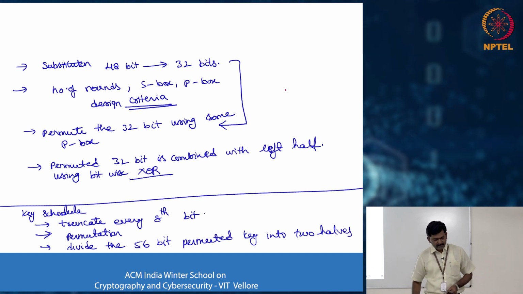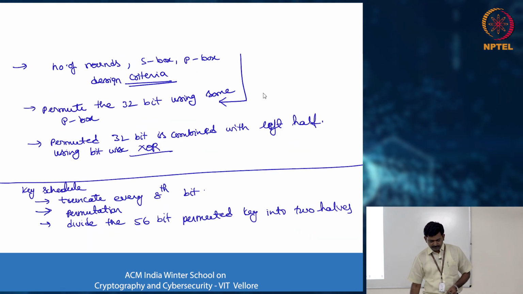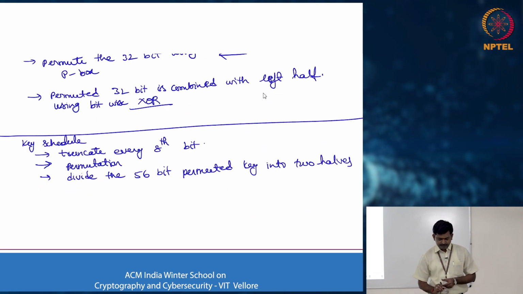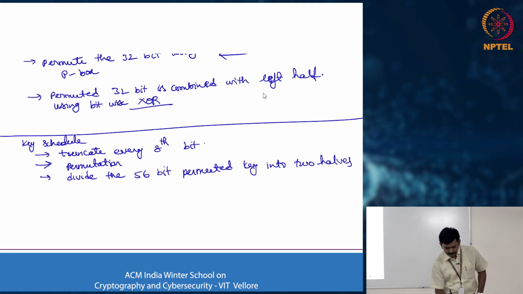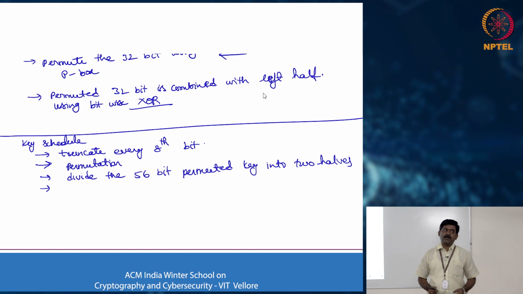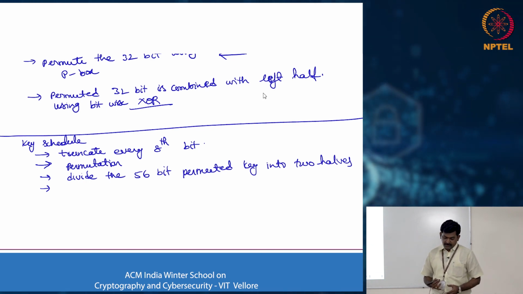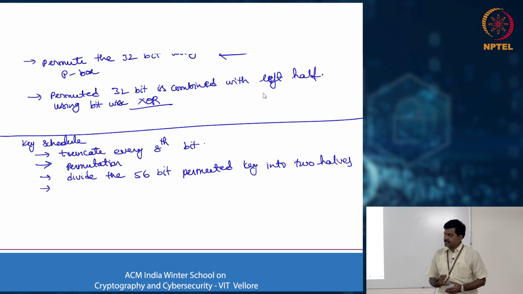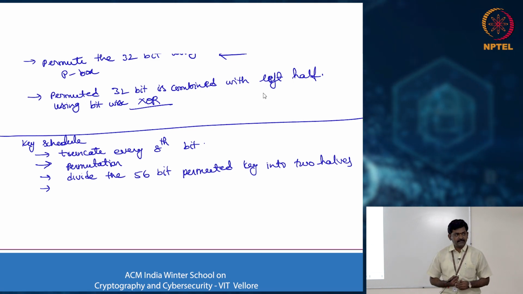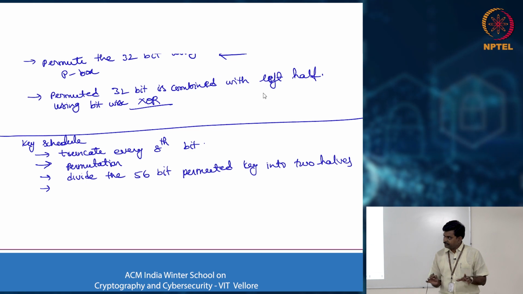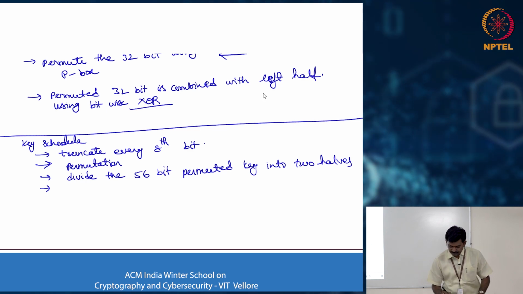Then what is the next step? We need to bring it to a 48-bit round key. For that purpose, what was the step we mentioned earlier? On both halves you do a circular shift.